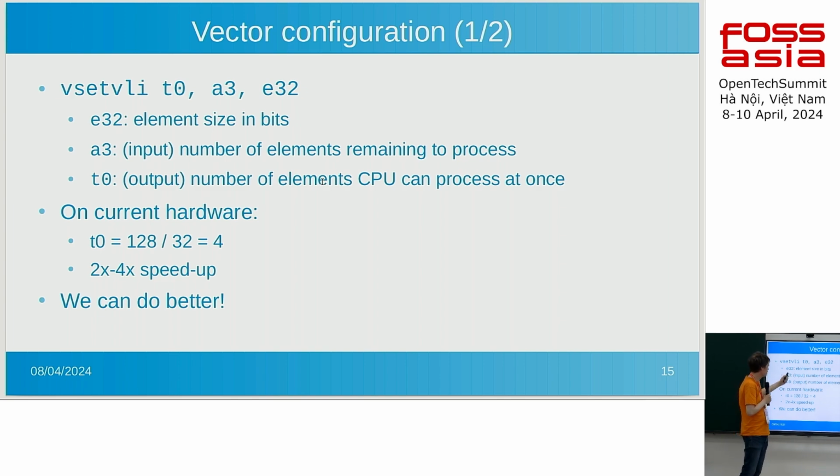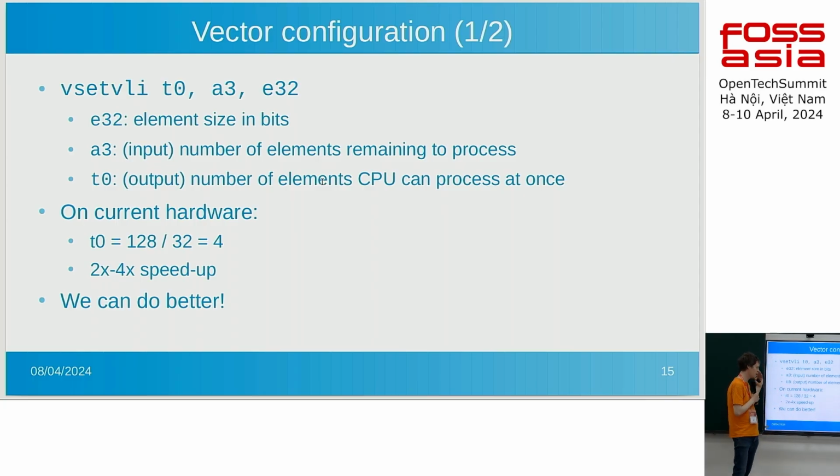So let's go back to this set vector length instruction. As I said, we have element size, 32-bit in this example. A3 is an input. It's telling us we have this many elements available that I want to make my calculations with, and T0 is the output. The processor tells us, the programmer, how many elements it can process in one iteration.